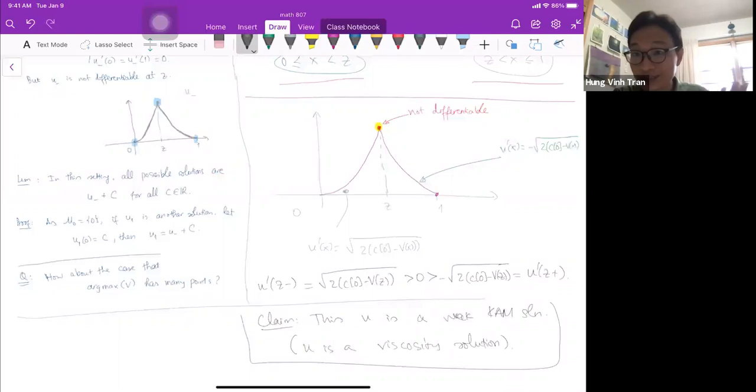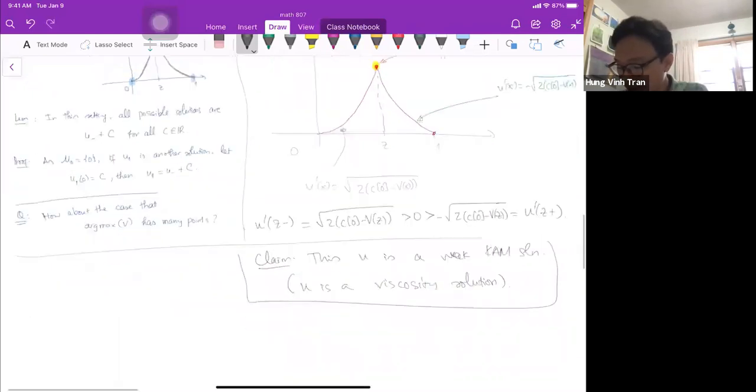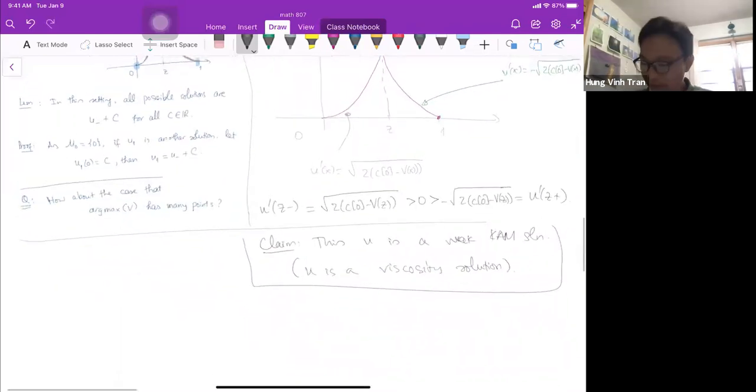Because this function is merely Lipschitz. It's fine in the two branches, but it's not differentiable at one point. So that's really problematic. So that's the first thing. Again, I will prove this claim and discuss that with you. This is to be proved soon.